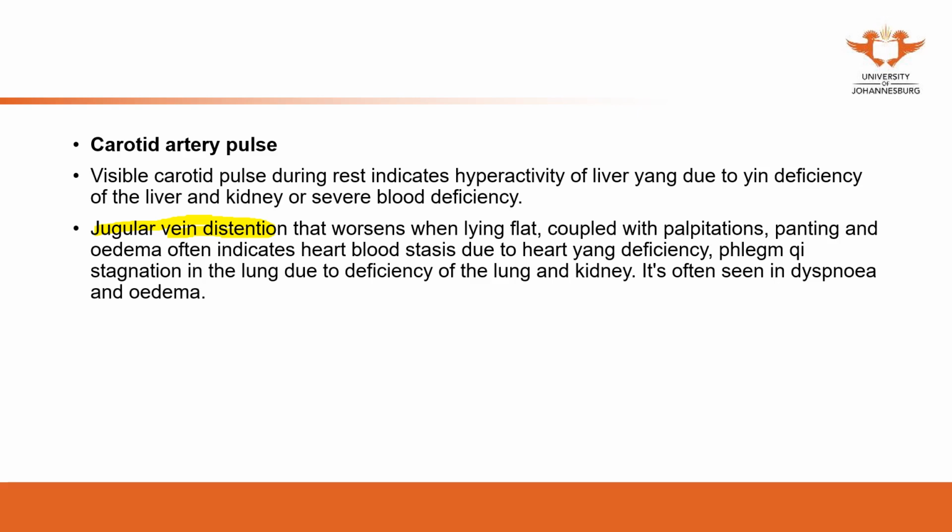This also can indicate blood stasis in the heart, qi stagnation of the lung, or heart and kidney yang deficiency. So these are some examples of how we understand these clinical manifestations.